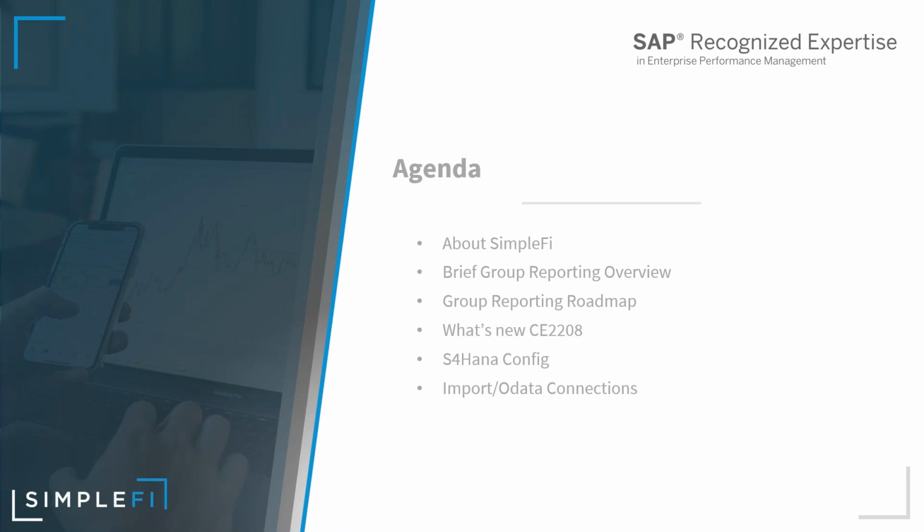And then we're going to come over to the SAC side and we're going to show what that import data connection looks like. Then we're going to look at a couple of imports and what the data is going to look like and what some of your options are for changing that data and using it, more for either planning and actuals reporting or just actuals reporting and analysis.